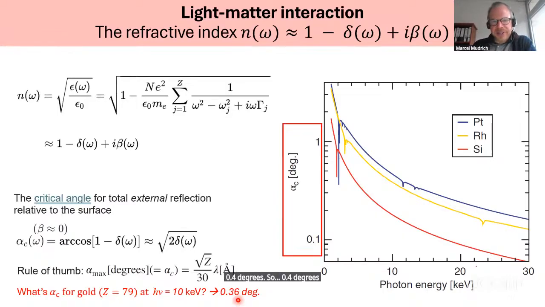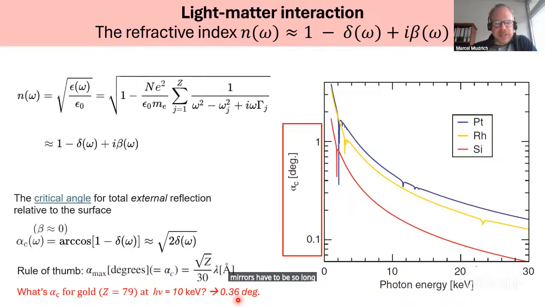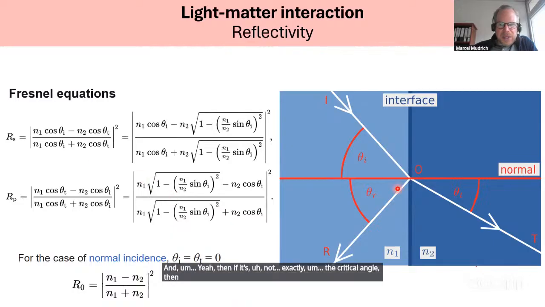This is grazing incidence. That explains why these mirrors have to be so long and placed at grazing incidence. And if it's not exactly the critical angle, then of course we have the Fresnel equations for reflection and also refraction.